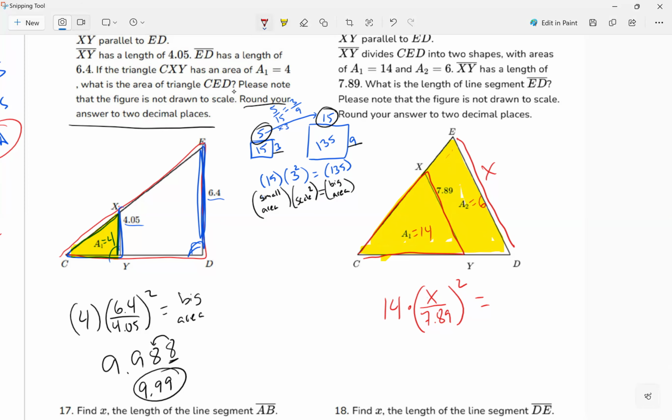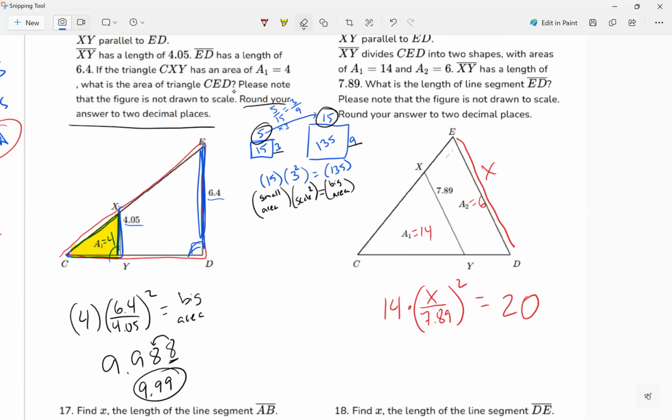So I'm going to say the big area is 20, because area 1 is 14, area 2 is 6. So 14 plus 6 gives me 20. The big triangle, the big area, is 20. So be careful what information you're looking at, okay?